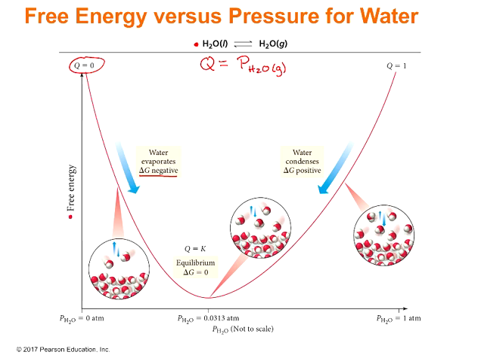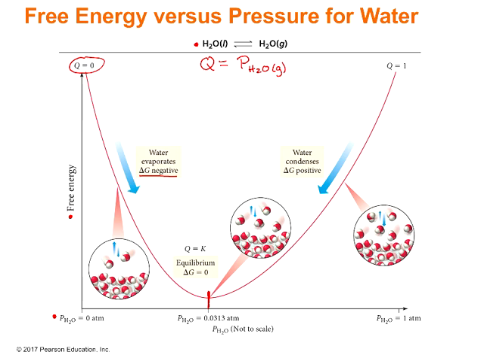So in our free energy here versus the pressure of gaseous water, we have a trend towards equilibrium. And then at equilibrium, delta G is equal to 0. So Q is equal to K.